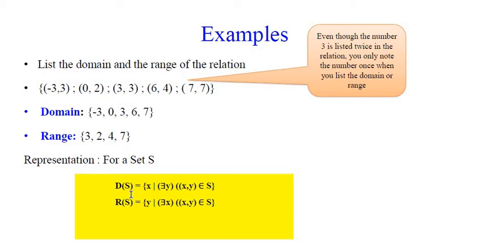So the representation for set S, that is D of S, is equal to x such that there exists y with (x, y) belonging to S. And R of S is equal to y such that there exists x with (x, y) belonging to S. Just a mathematical representation of any set you can take.